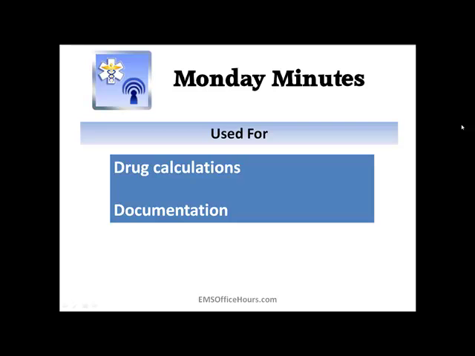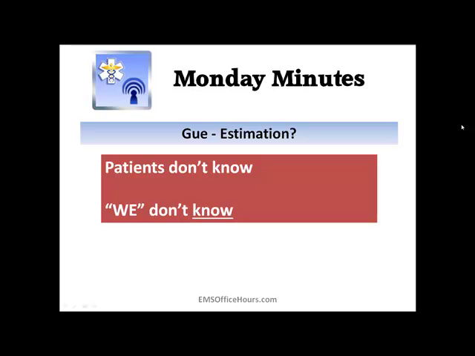Now, of course, we use converting pounds to kilograms for drug calculations, and we use it for documentation when we're documenting on our charts what we feel the patient weighs. Of course, we have to guesstimate, right? We have to estimate what the patient weighs. A lot of times the patients don't know how much they weigh, or they certainly don't know what they weigh in kilograms. And we certainly are not going to know either.